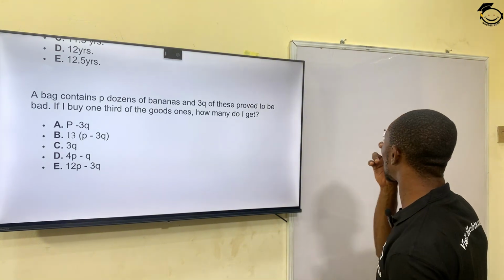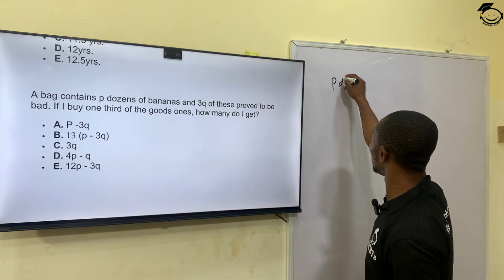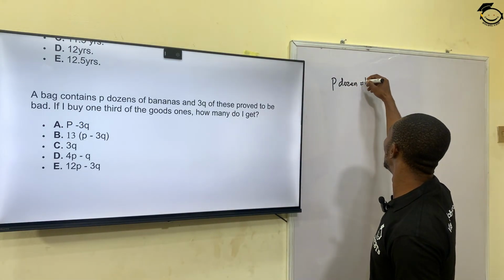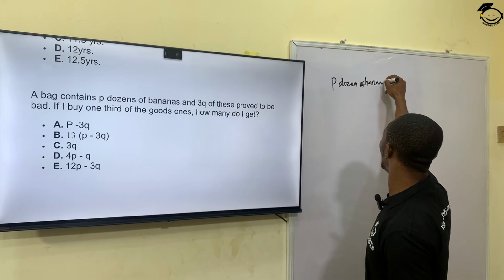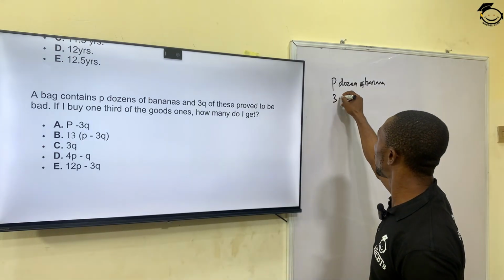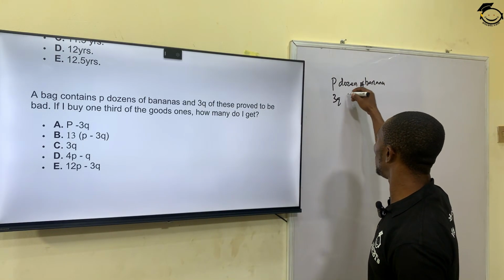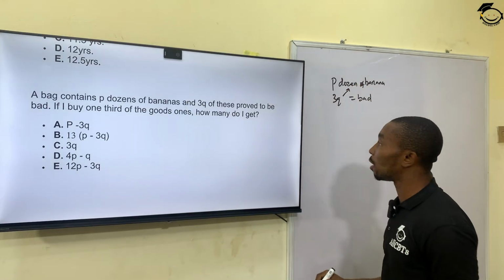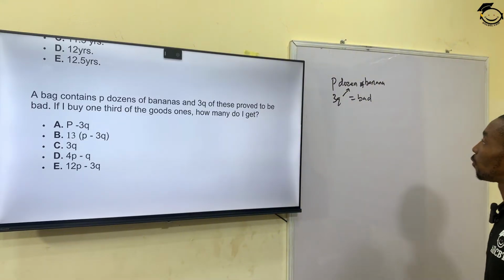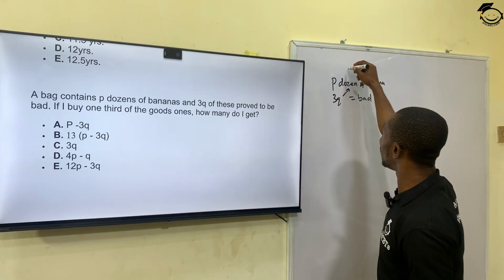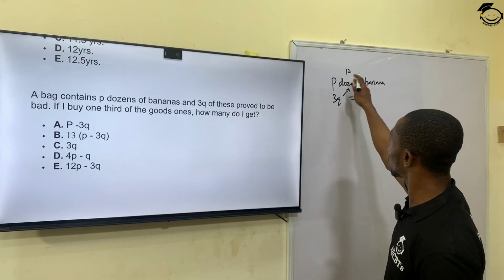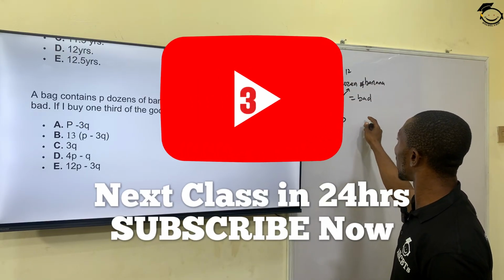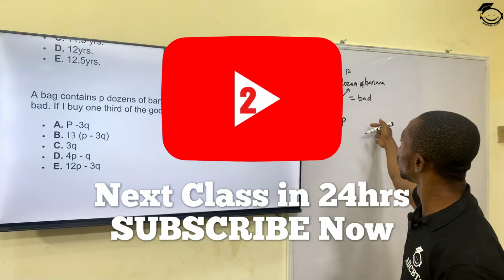Now, we know that we have P dozen of bananas, and 3 kg out of the P dozens are bad. A dozen is 12, so we can turn this statement to be 12P bananas.